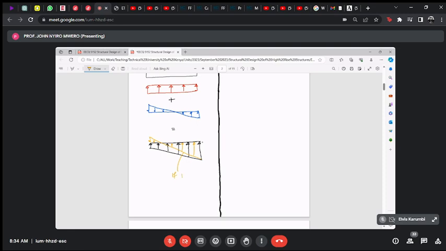If the moment is significant compared to the axial, so it's a whole variable. I'm sure you've mastered this kind of foundation. You must have been taught in your foundation engineering, geotechnical engineering.